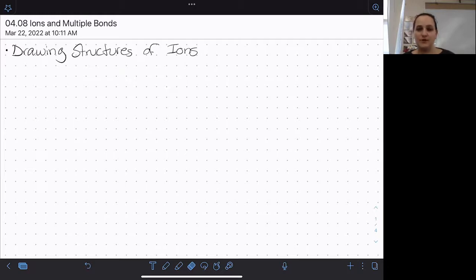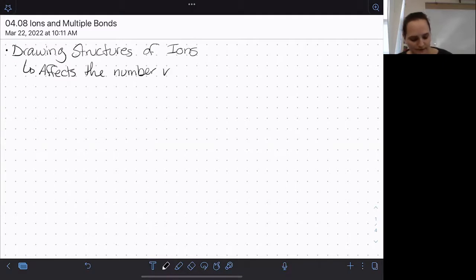So if you're drawing the structure for something that is not neutrally charged, some kind of ion, the only thing that's going to change about your process is the number of valence electrons in the structure. So when you're doing that very first step of determining how many electrons you need to represent in this structure, you need to make sure you account for that charge.